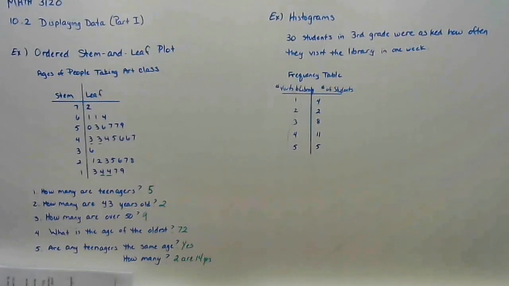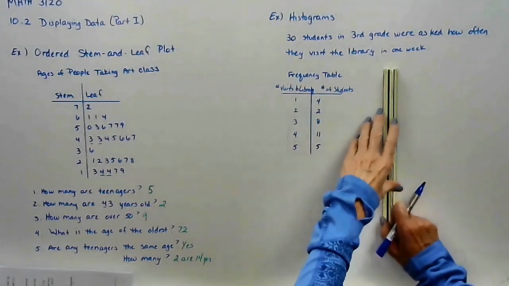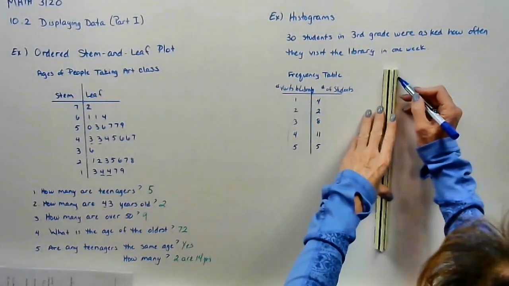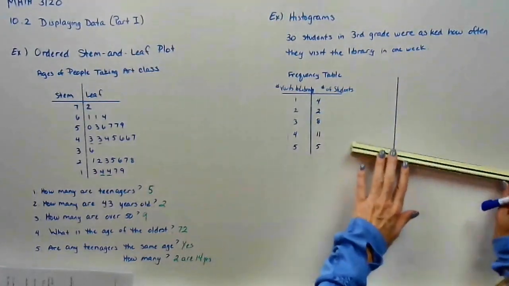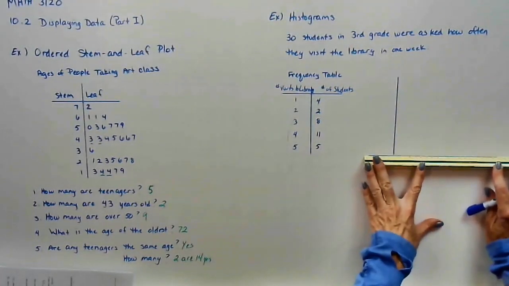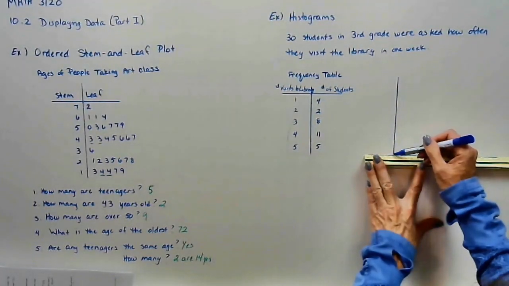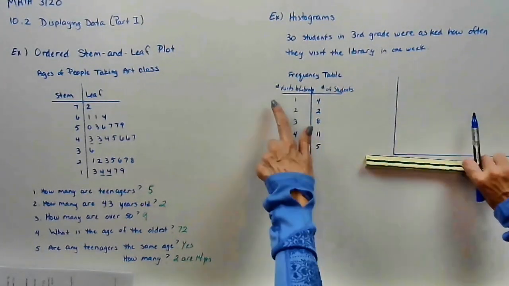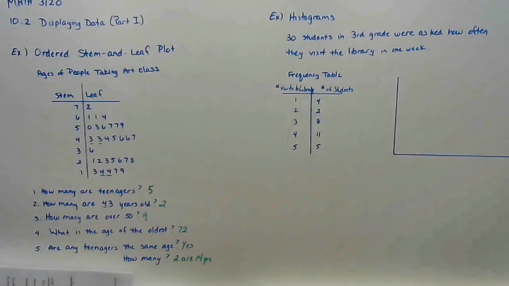Okay. So when we do a histogram, we always need to label our histogram and title our histogram. So I need 2 axes. Those 2 axes represent the titles of our frequency table. Okay?